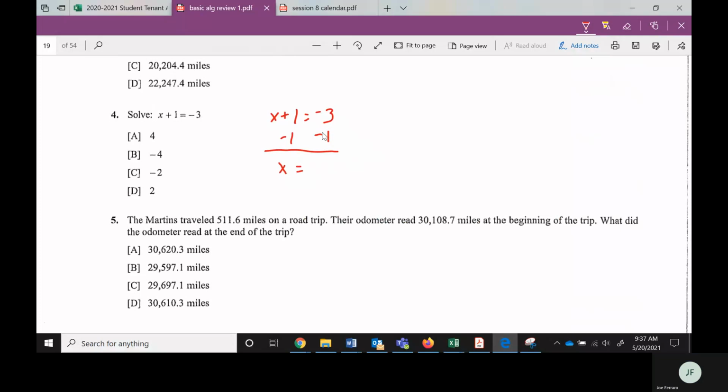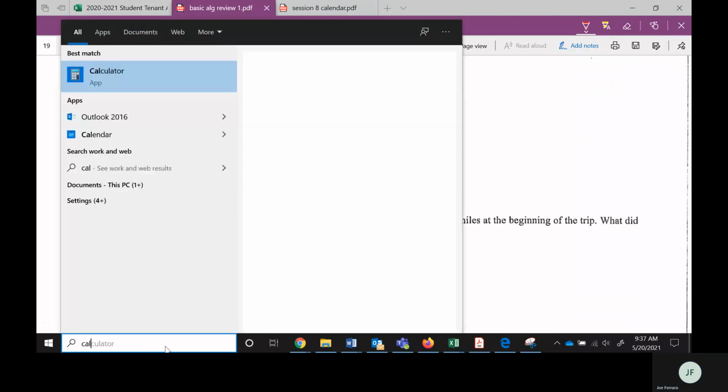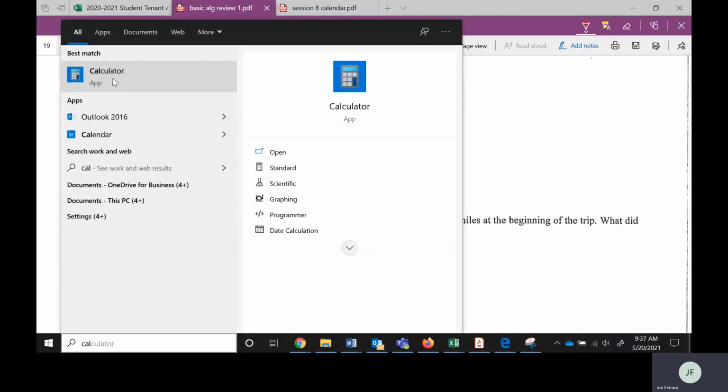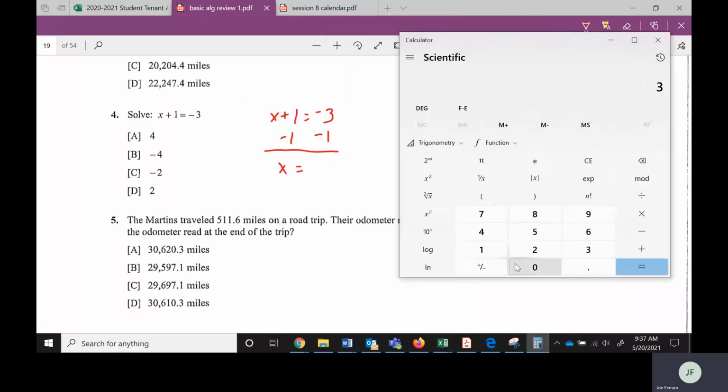Now here, I'm going to pull a calculator up just because we'll probably use it for other problems. So you could use a calculator on this problem. Hit negative 3 minus 1, and you get your answer -4.